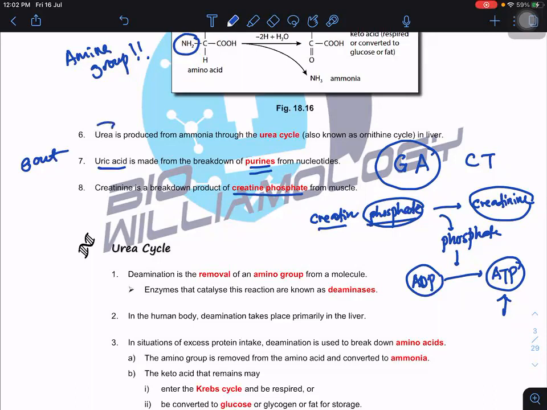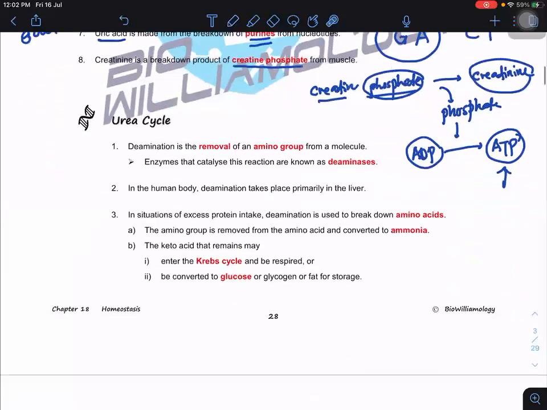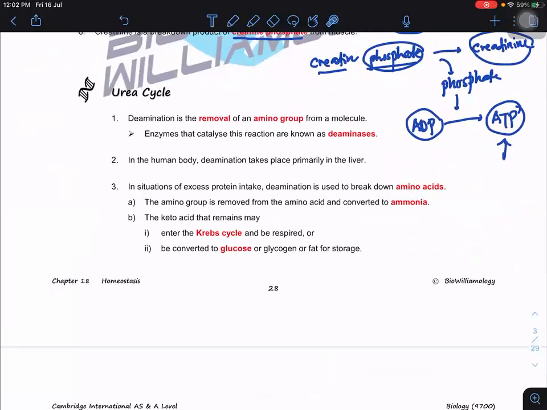So our focus now is on urea. Why do we have to look at the urea cycle? Deamination is the removal of the amino group, or amine group, from a molecule. The enzyme that catalyzes this reaction is known as deaminase, and it is primarily carried out in the liver.